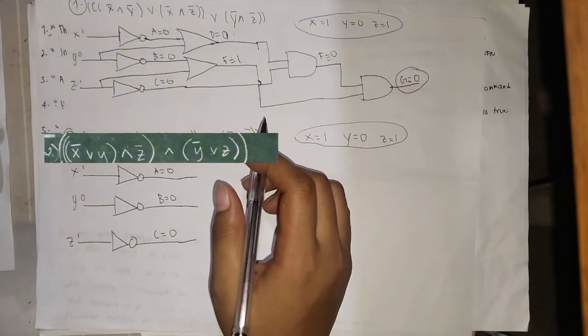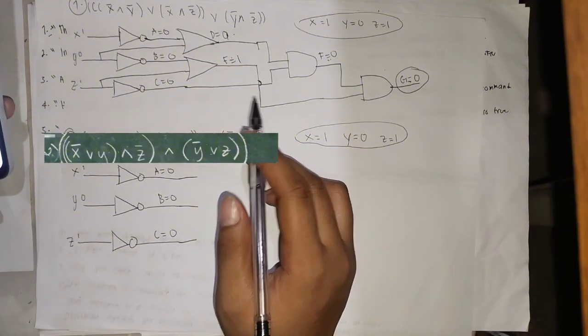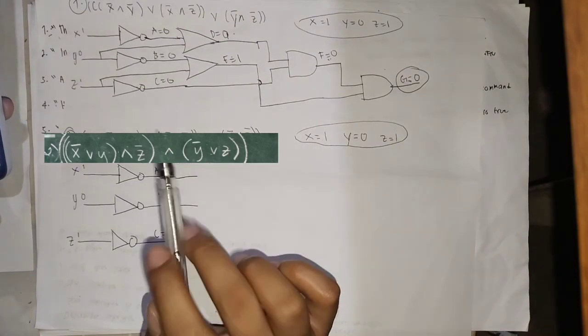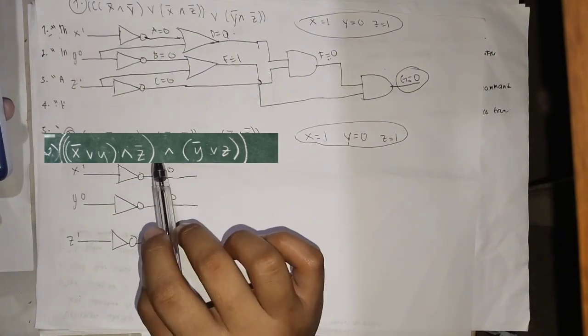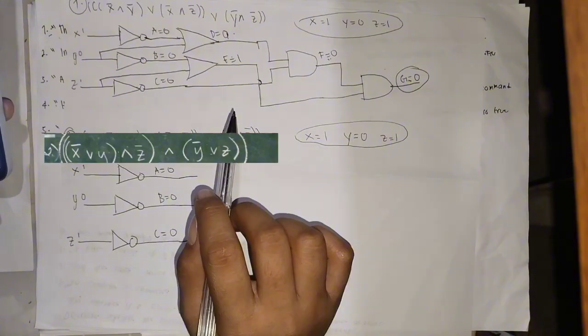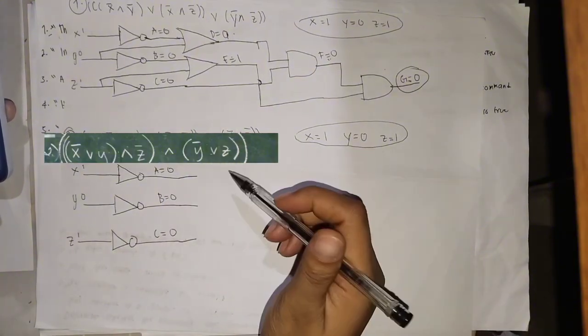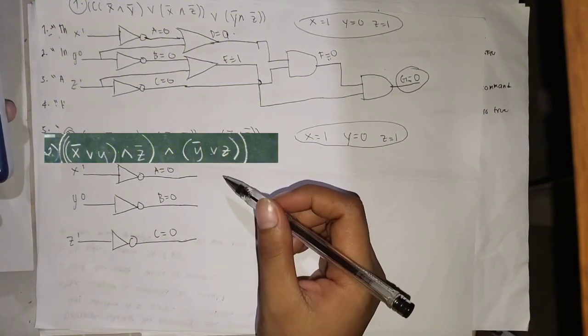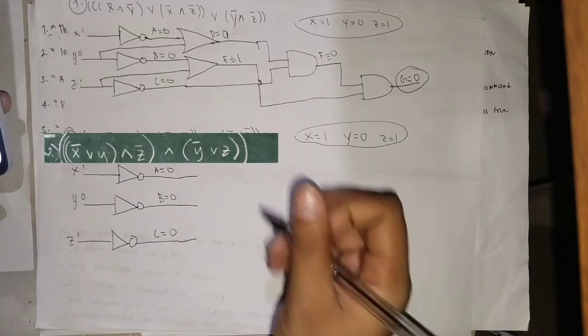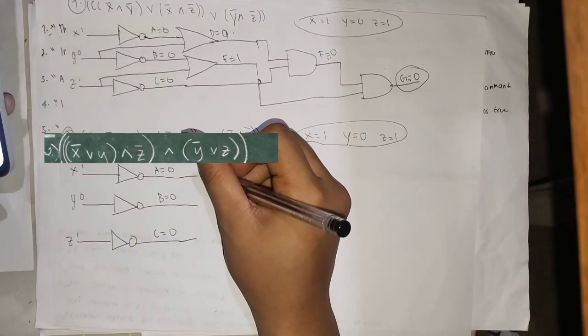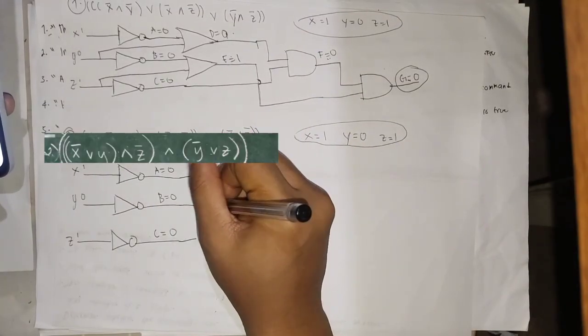So next we have an AND gate. An AND gate outputs 1 only if both of its inputs are 1. If either input is 0, the output is 0. So we will draw an AND gate here.